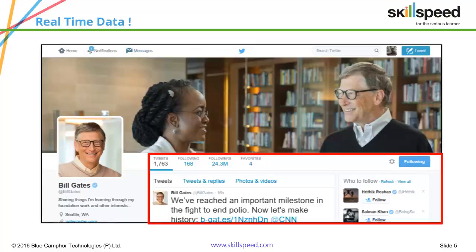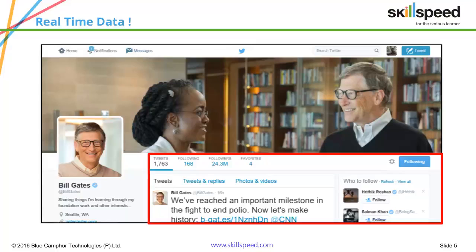If you ever thought about how Twitter is managing all this data, whenever you log into Twitter, you are able to see all the tweets in real time, and you can filter the tweets based on hashtags. You have the recommendation of which person you might be able to follow, and you have recommendations from sites or even companies whom you would like to follow on Twitter. All this happens in real time.